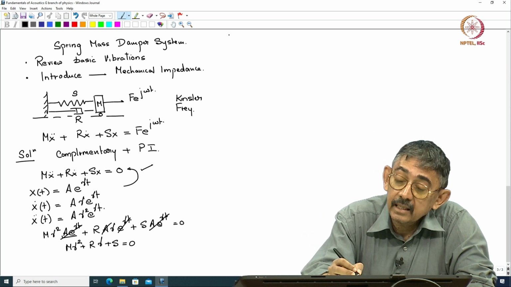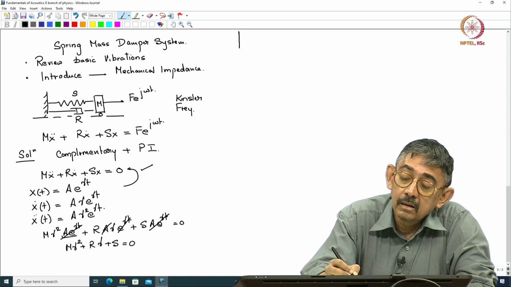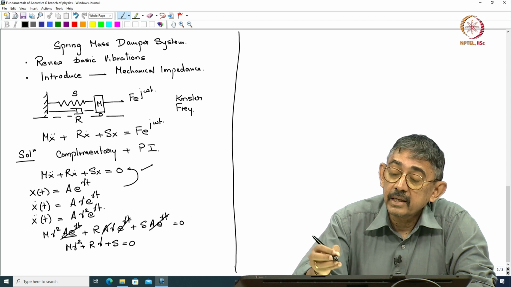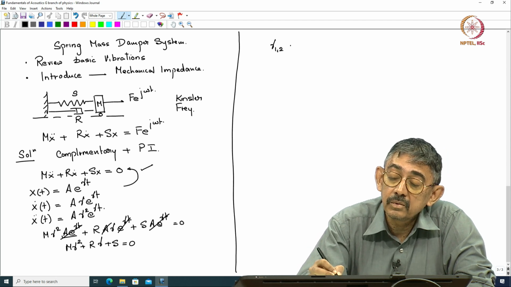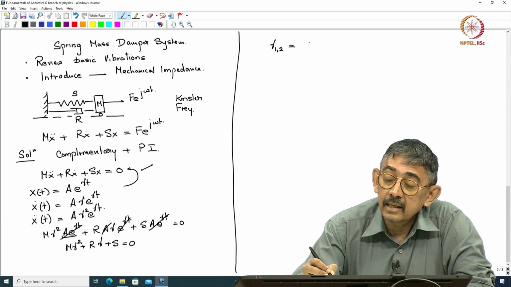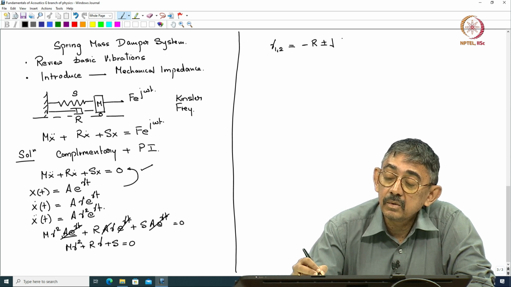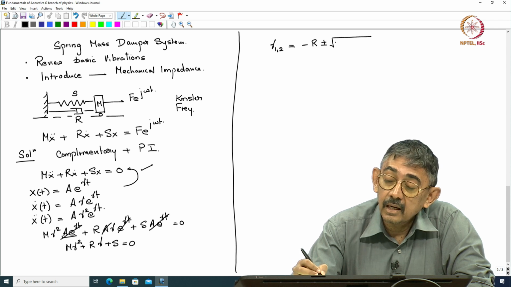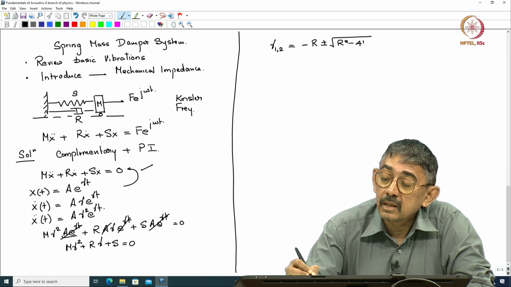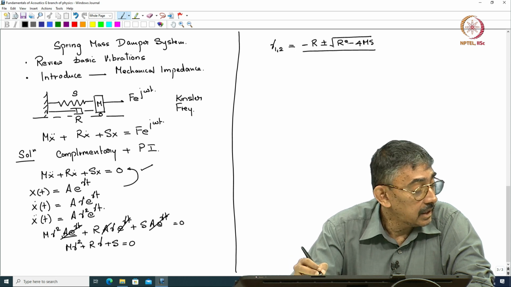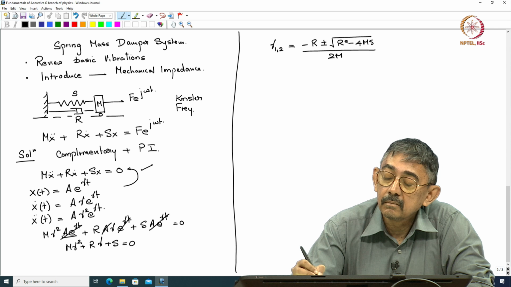As a quadratic in gamma, we get the gamma 1, 2 solutions as minus r plus or minus square root of r square minus 4 m s, by twice m.